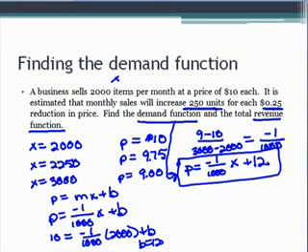Now let's find the revenue function. Remember we said in the last one that the revenue function is equal to the number of units sold times the price. Well, this is our price, so our revenue function is x times this.